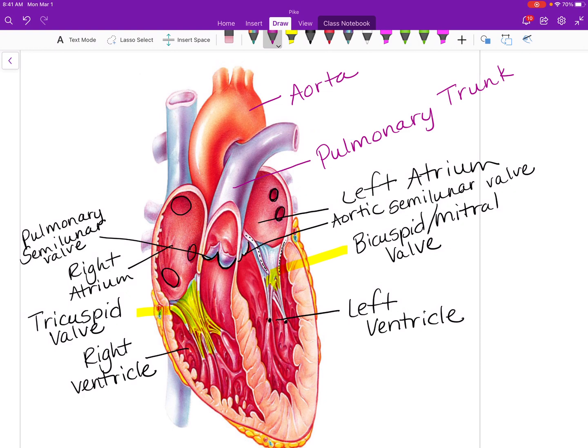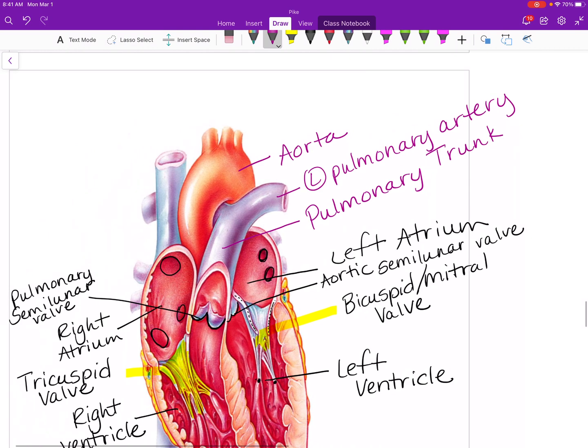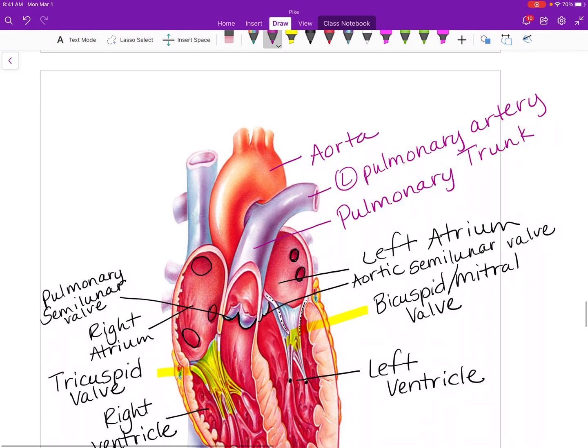Then that pulmonary trunk is going to split into a left pulmonary artery. The left pulmonary artery, and I write kind of big, so I know it gets kind of crazy around here. And then the right pulmonary artery goes underneath the aorta where it arches, the aortic arch, and behind the superior vena cava. And over here we have the right pulmonary artery.